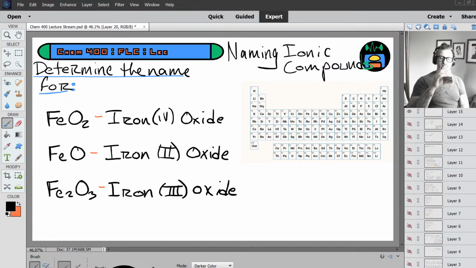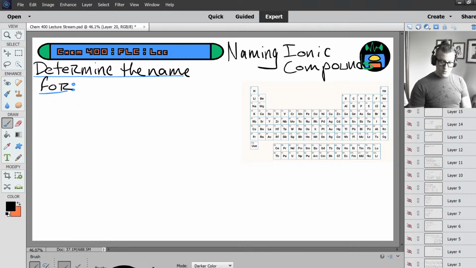Before we leave our transition metals, there's one last piece of ionic nomenclature we have to go over. But before we leave our transition metals, I do need to say one more thing.